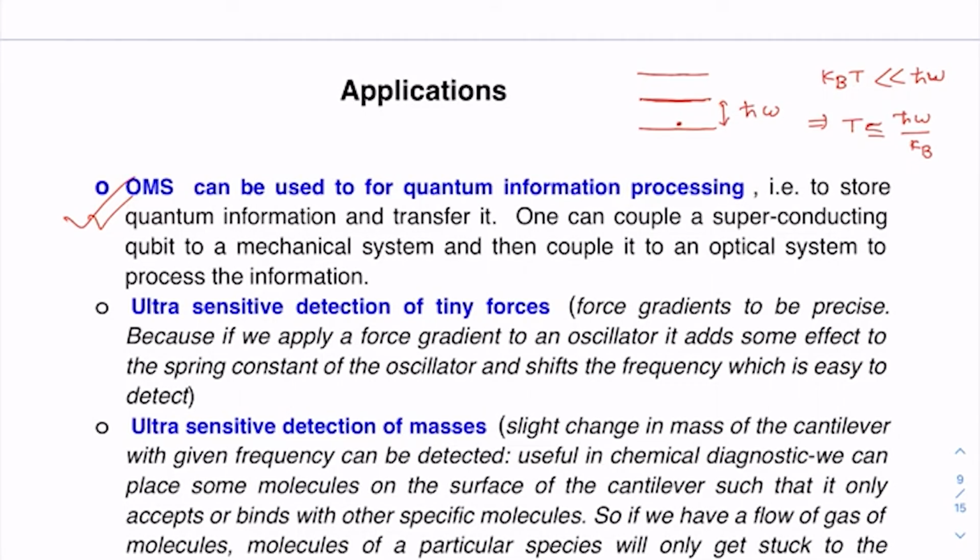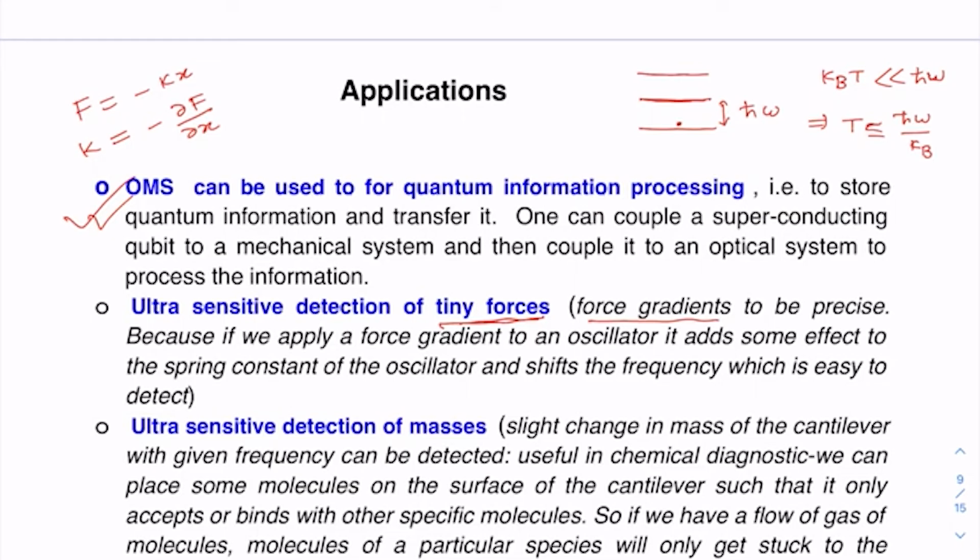You know that if a mechanical oscillator is there, then by Hooke's law, force is equal to minus kx. From here you can find out the spring constant, that would be the force gradient. Rather than tiny forces, we should better say force gradient to be precise.